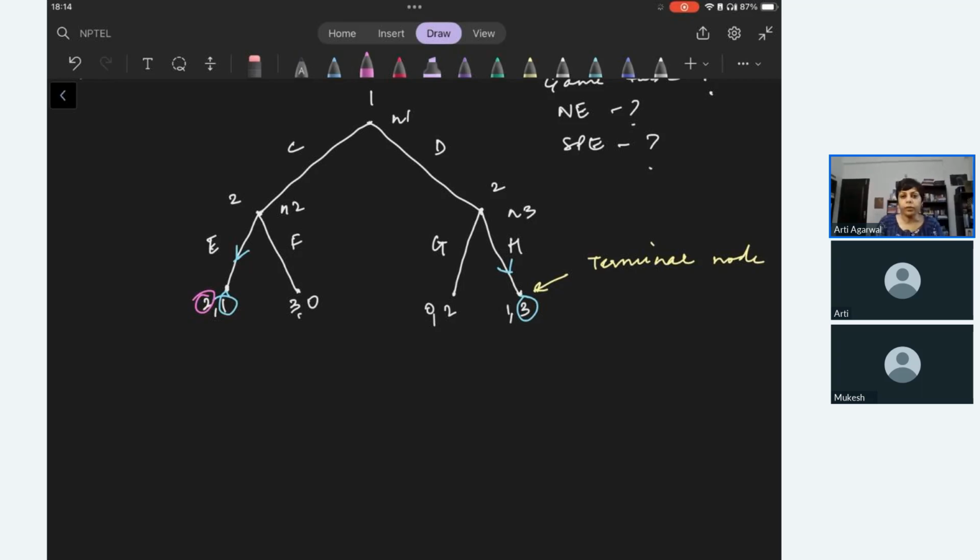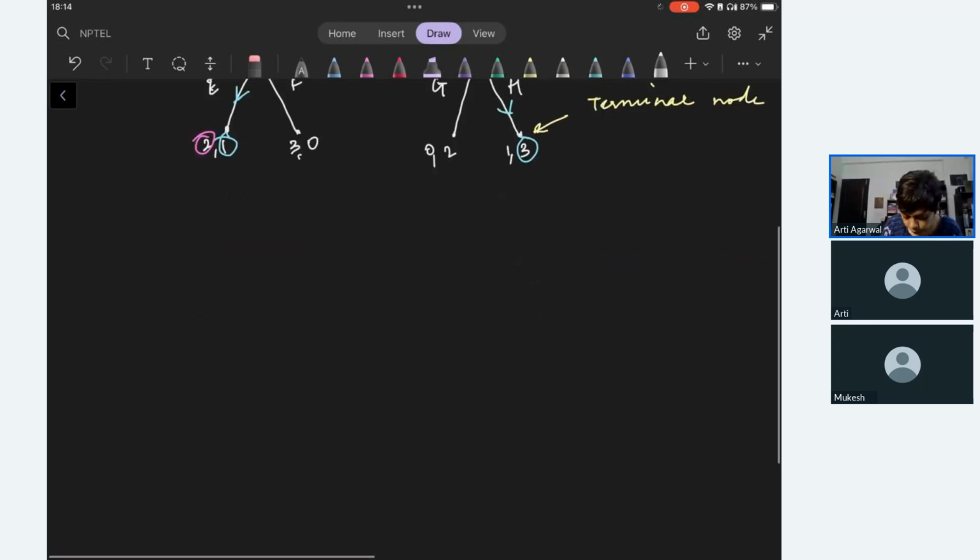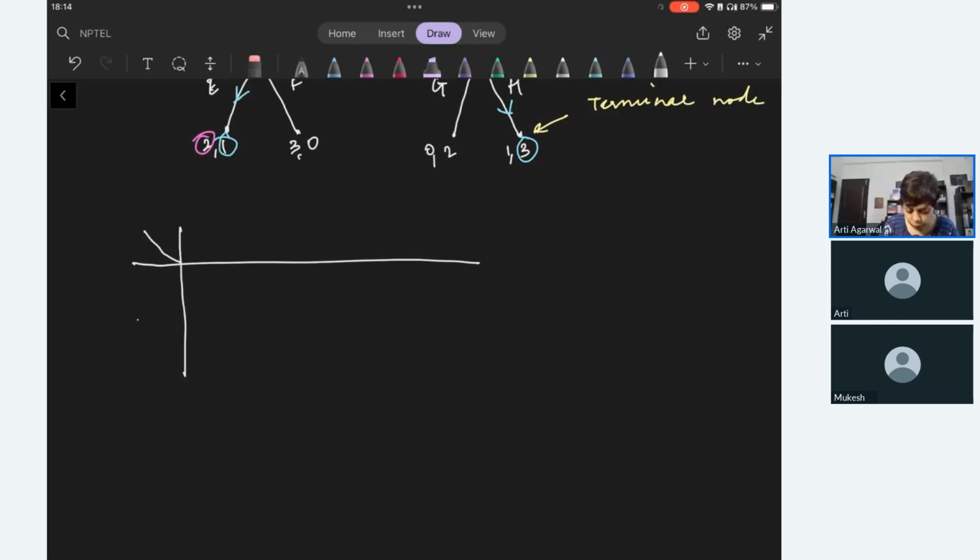Now let us see how we can write this as a game table. We've only written this as a game tree right now. So the first part is pretty simple. Player 1 has only 2 strategies, C and D. Now we will write the strategies of player 2 considering both the subgames, right?